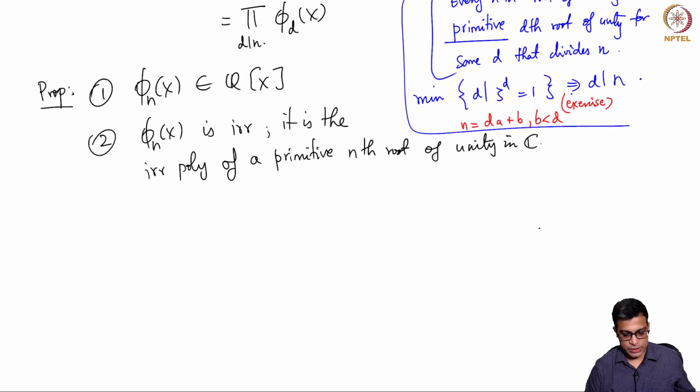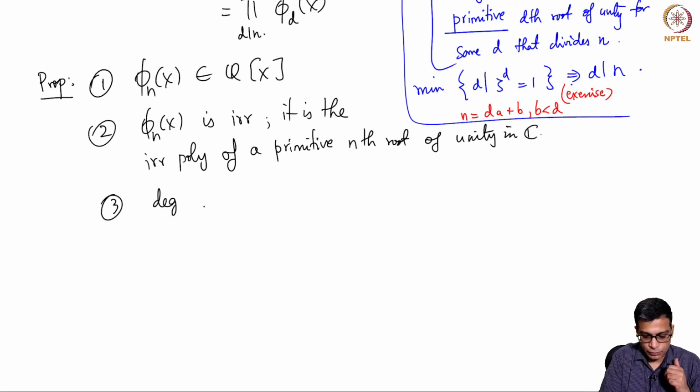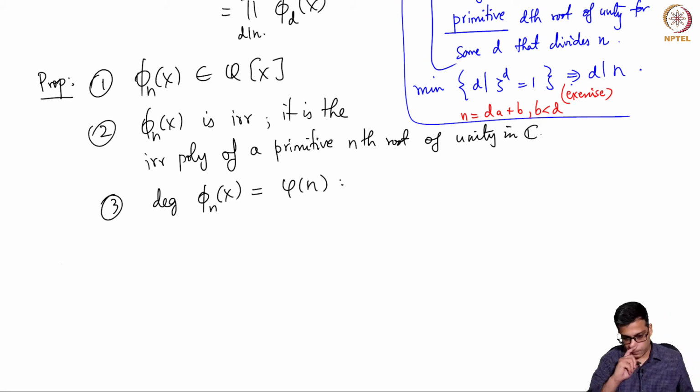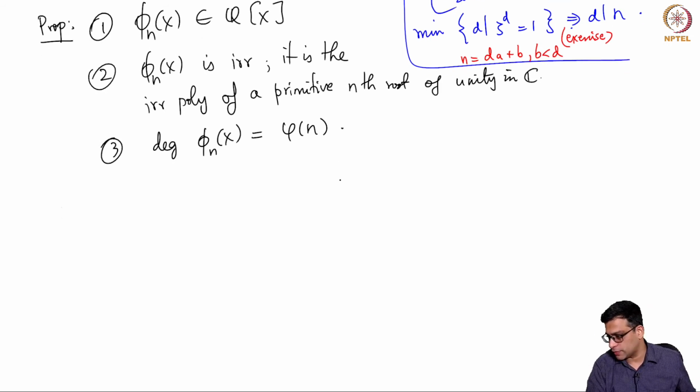I am working exclusively over Q now. So you take a primitive nth root of unity in the complex numbers and take its irreducible polynomial, and that happens to be phi n. And of course the third statement is that the degree of phi n is the Euler totient function, which is exactly a consequence of 2.